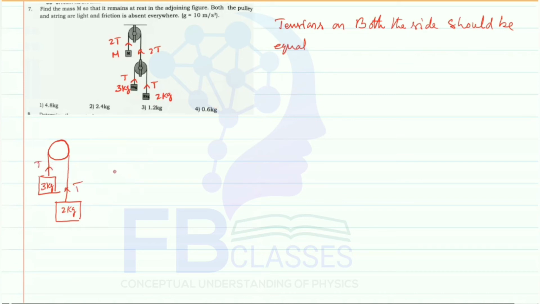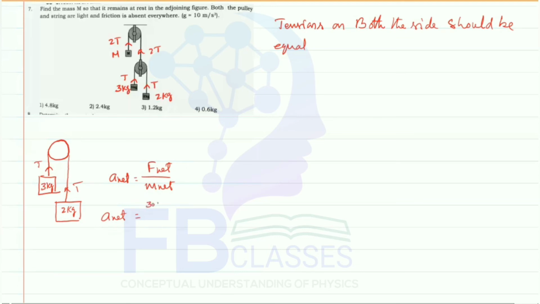Upward is 2T. Now if I find out a net, it is equal to F net upon m net. Yes or no? So F net is equal to how much, my dear? So a net is equal to 30 minus 20. Yes or no? Are you getting my point?